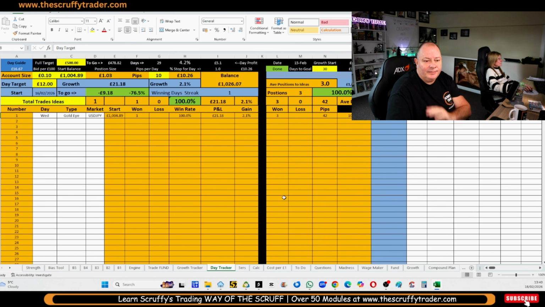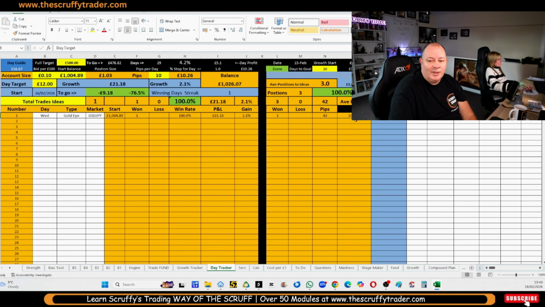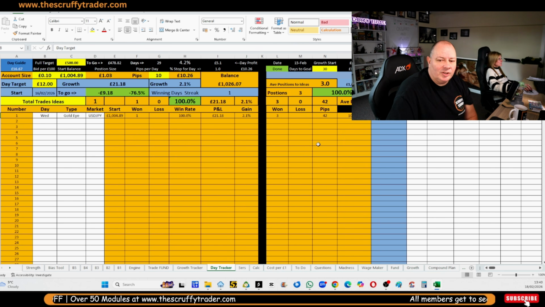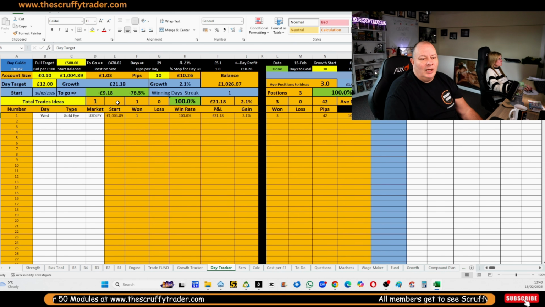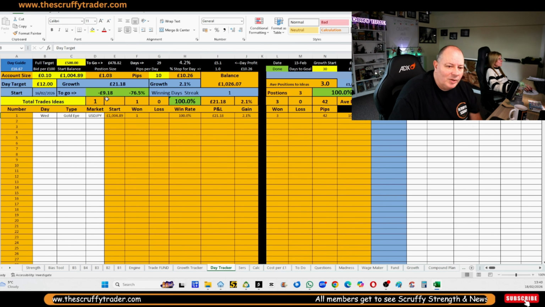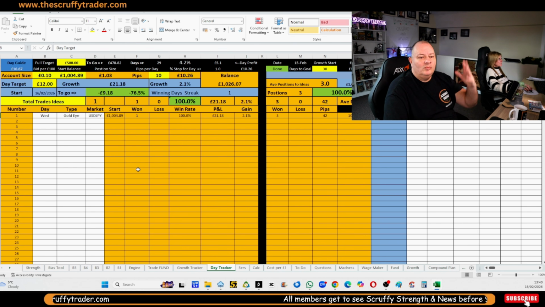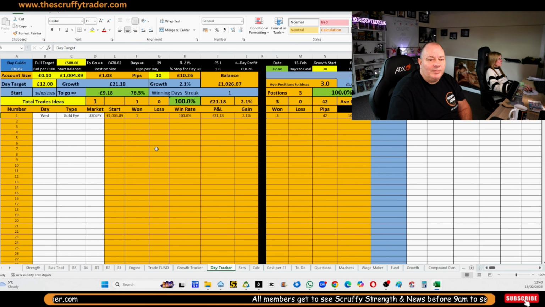Run that back. What have we got? Right, there we go. So it's 1 trade idea, 3 positions in, approximately 42 pips. It's not completely accurate, but it's close enough for what I want. I did over 9 quid more than what I was after. So result, happy boy.